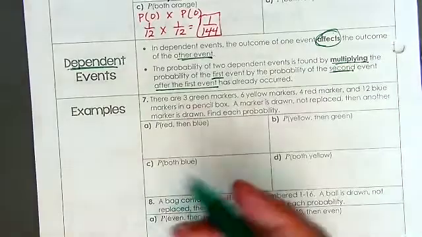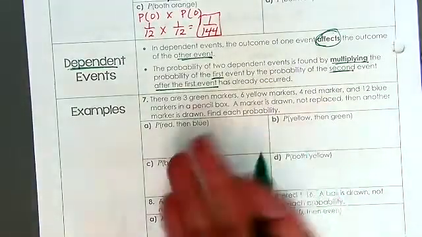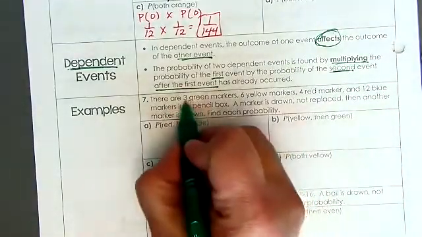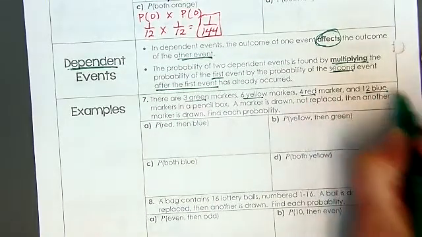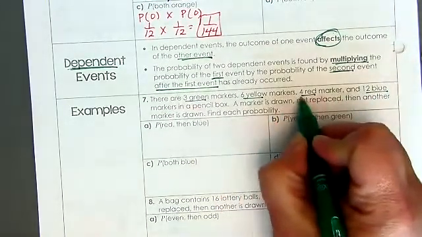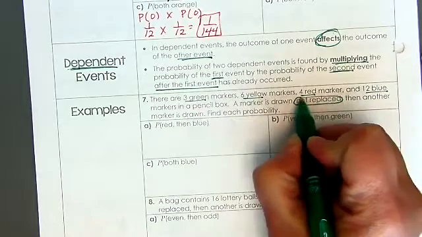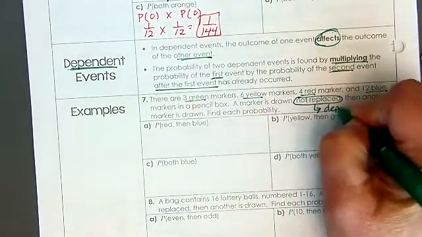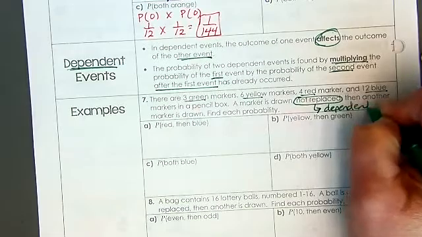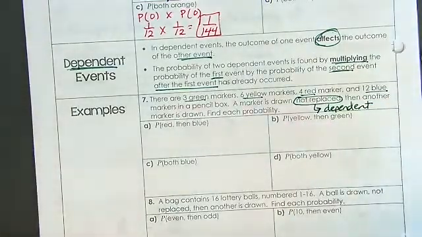All right, so we're talking about another bag of markers, or this is a pencil box. So we have our 3 green markers, 6 yellow markers, 4 red, 12 blue. A marker is drawn and not replaced. When it is not replaced, this means it is a dependent event because the second one depends on the first.